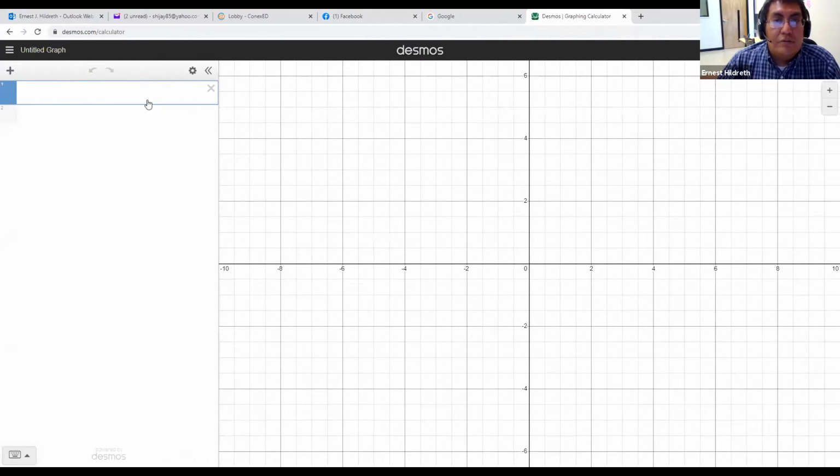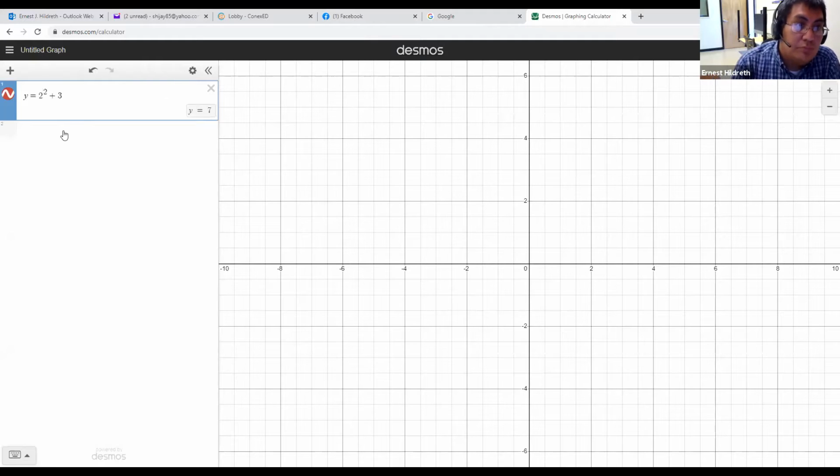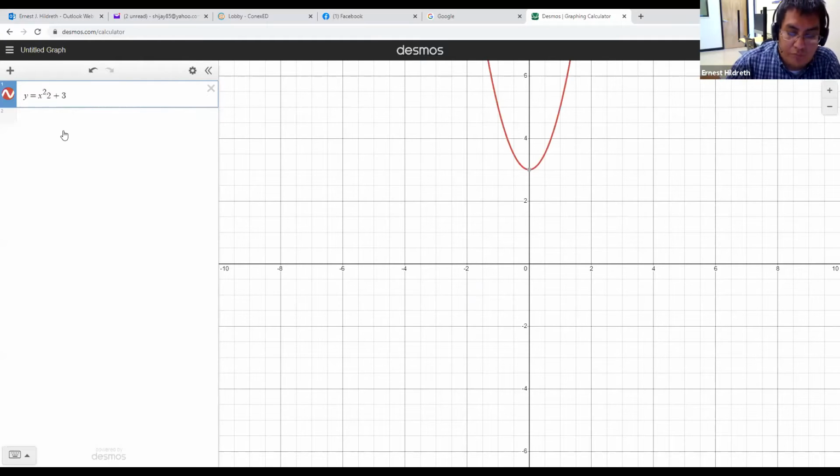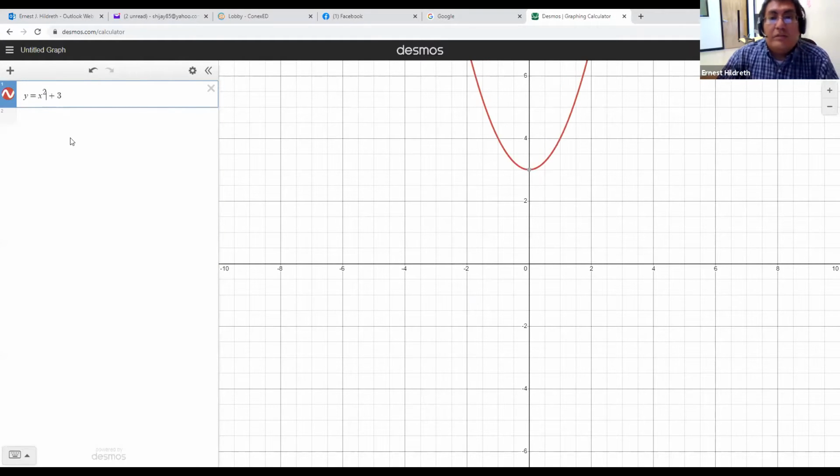So we have the graph here. Okay, we have the exponential here represented with the base 2 and plus 3.